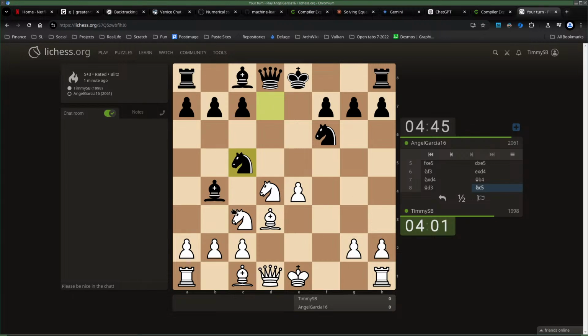So we now castle, he takes here and then he takes here. Oh, wait a minute, actually he takes my knight. And my pawn. I can go back though. No, he can still take it.